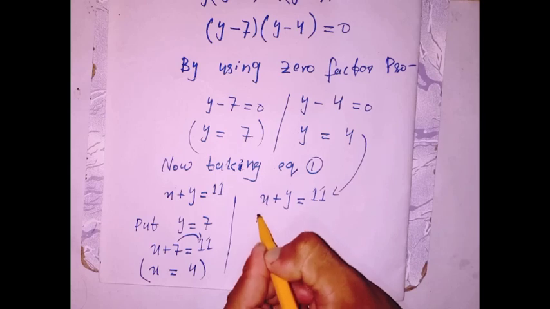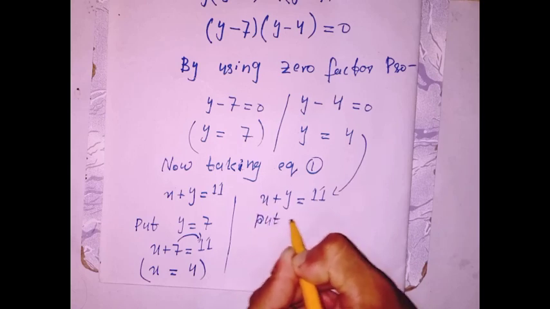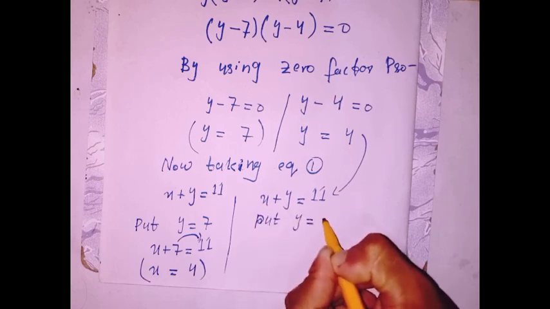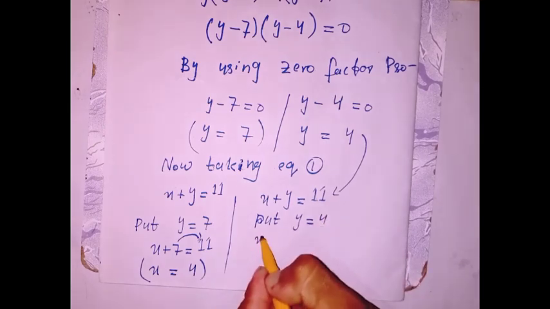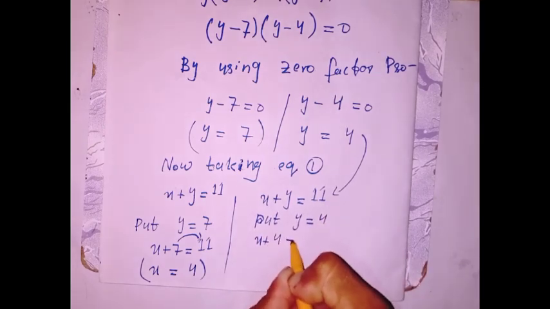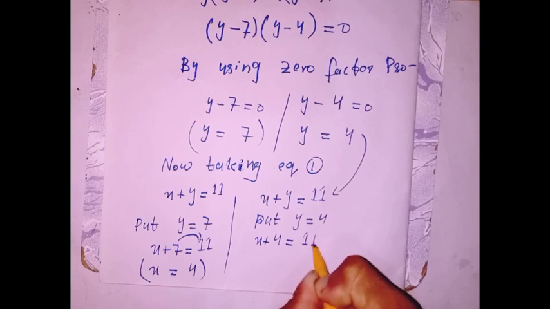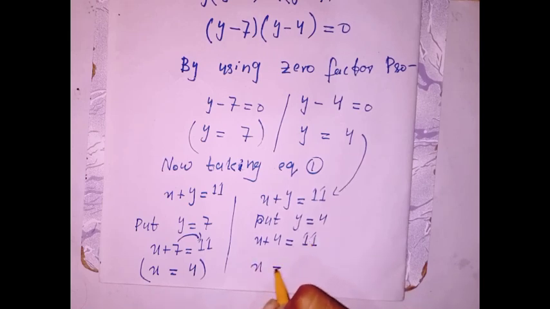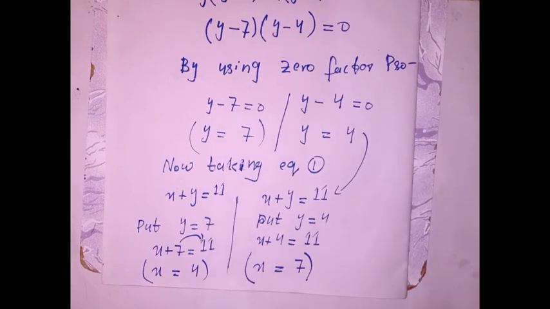Again, x plus y is equal to 11. Now if we put y is equal to 4, x plus 4 is equal to 11. So we get x is equal to 7 if we subtract 4 from both sides.